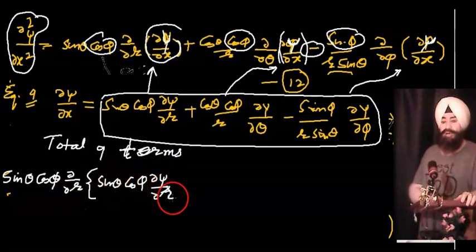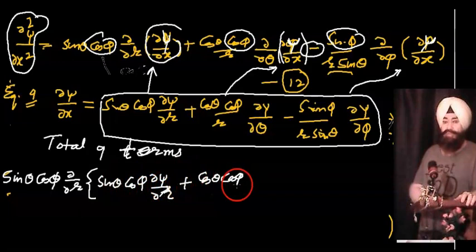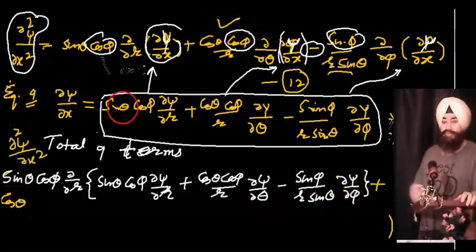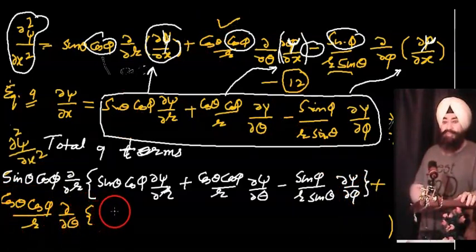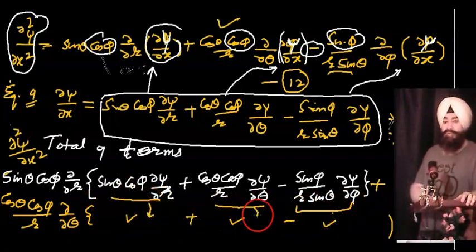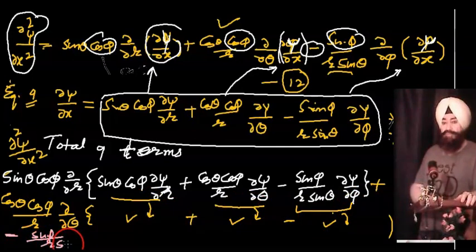Okay, now I'm going to substitute curly psi by curly x. Three terms plus again 3 terms plus again the 3 terms.